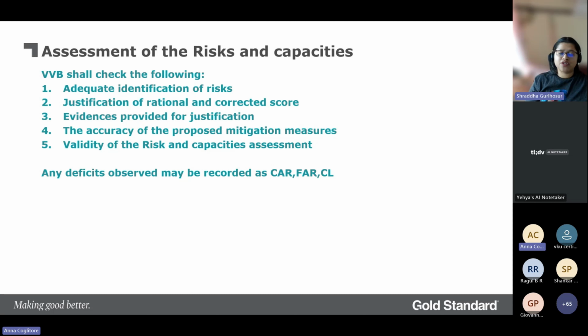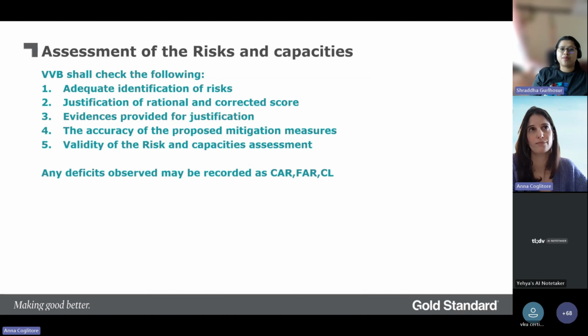The evidence provided for justification. So only evidences from credible sources such as peer-reviewed reports, studies, historical data, pictures, and credible websites should be considered for this. Other than these evidences, a thorough check has to be done. The accuracy of the proposed mitigation measures.